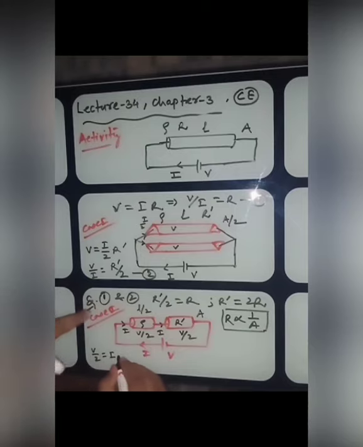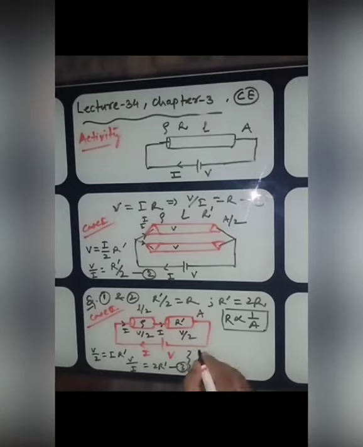I remains the same. We write V by I again, so V by I we can write as 2R dash. Suppose this is equation 3. Equating equation 1 and 3, what you are getting here is R is equal to twice R dash. It means R dash is equal to R by 2.